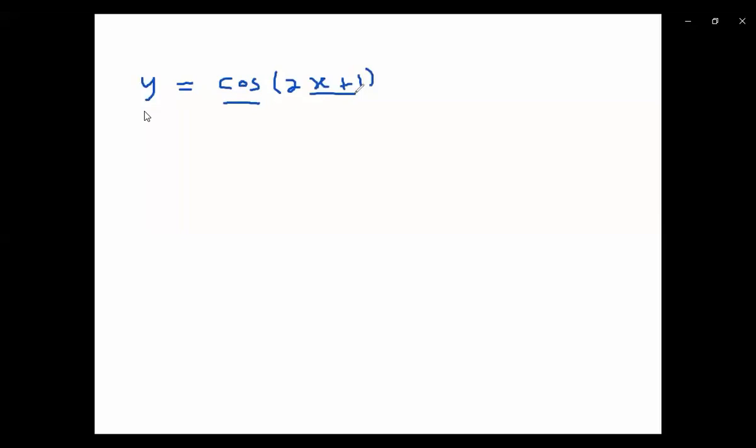So what happens is usually we let the inner function be equal to u. If you let u be equal to 2x plus 1, then it means that the function y will become cos u.